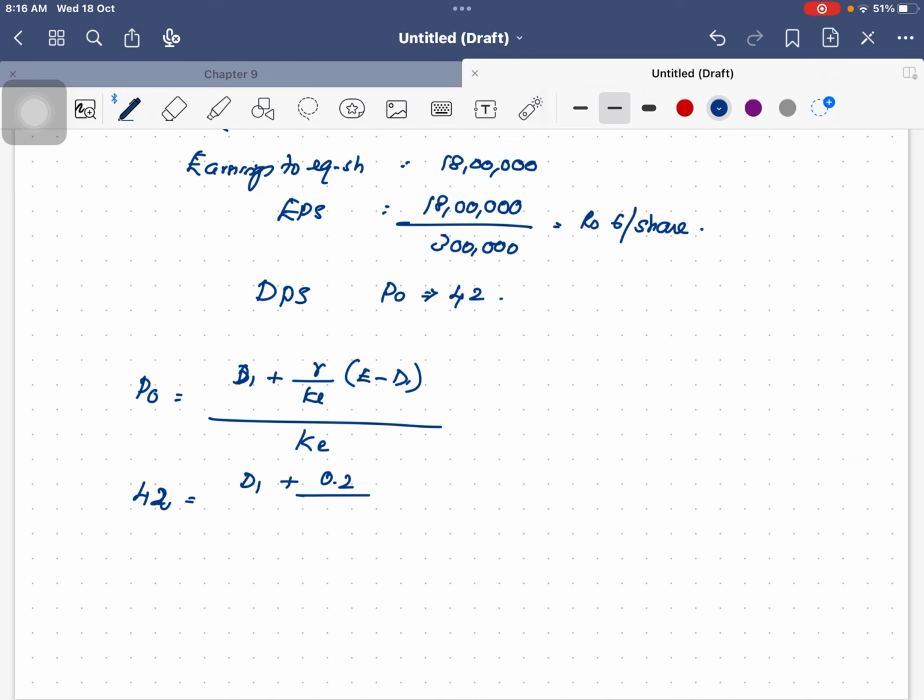Divided by 0.16, into E, which we have computed to be 6, so 6 minus D, divided by 0.16. If you simplify this, 42 into 0.16 is equal to D1 plus, what is 0.2 divided by 0.16?